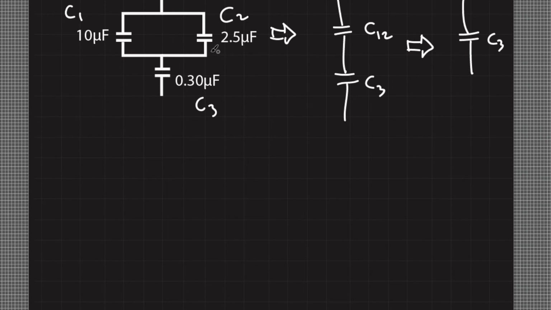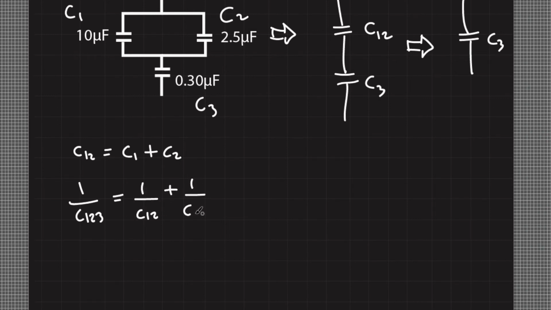Since C sub 1 and C sub 2 are in parallel with one another, their equivalent capacitance C sub 1,2 is just their sum. The equivalent capacitance of C sub 1,2 and C sub 3: 1 over C sub 1,2,3 is equal to 1 over C sub 1,2 plus 1 over C sub 3, since they are in series with one another.